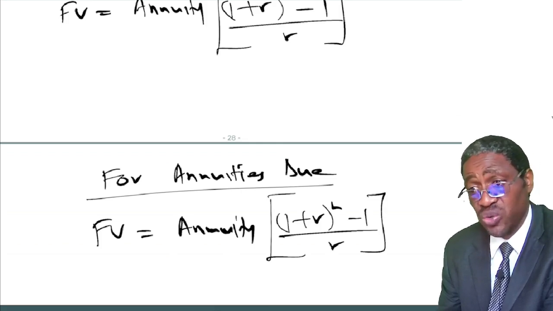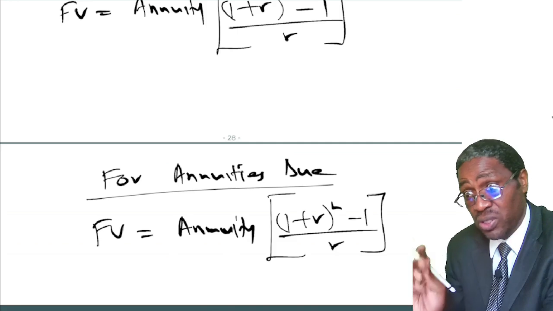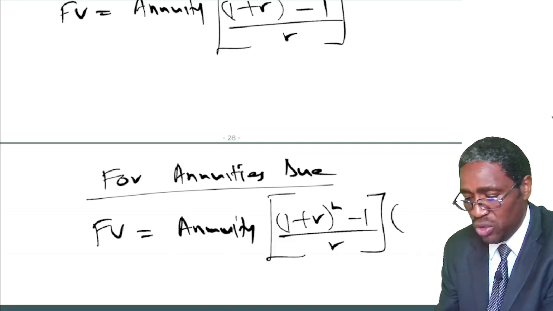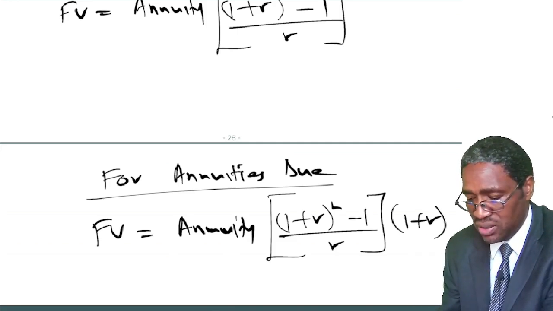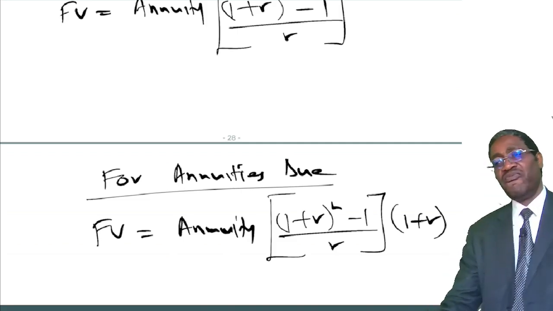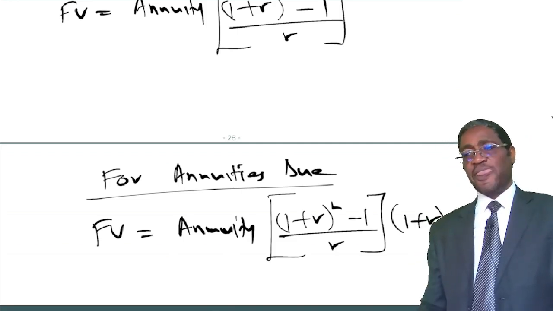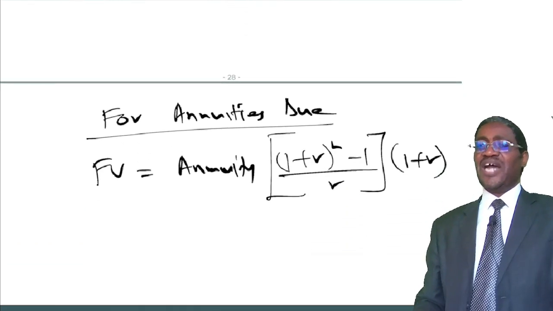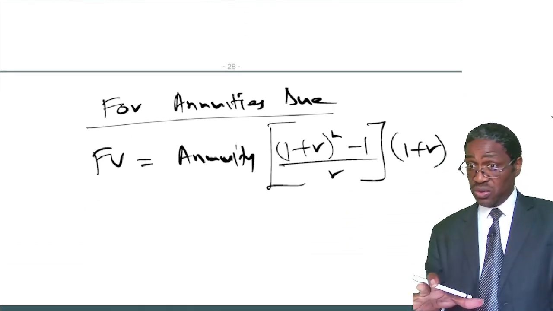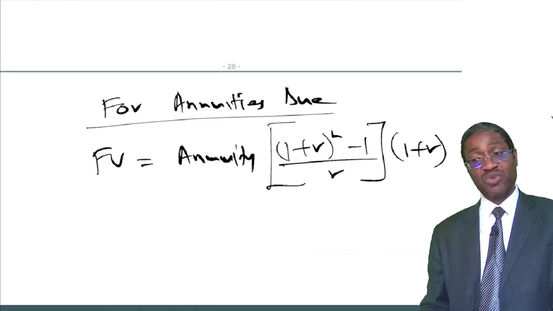Then once you do that, the same factor like the one for ordinary, but this time you multiply everything by 1 plus r. That is the formula for the annuities due. So these are the 2 formulas you have to remember.